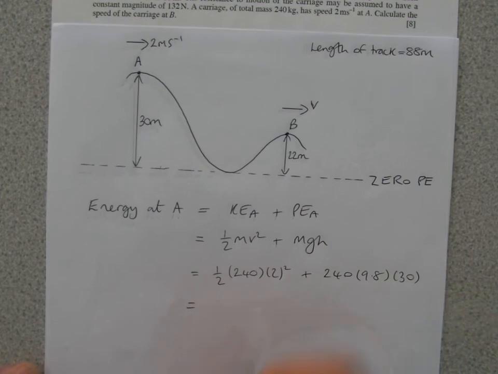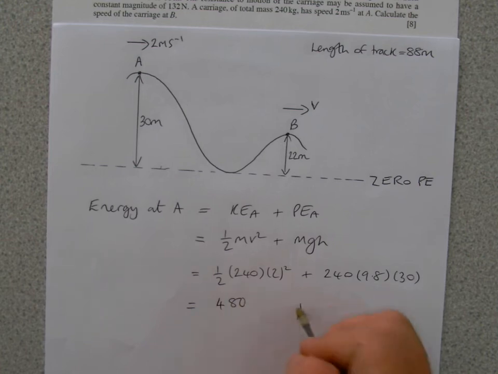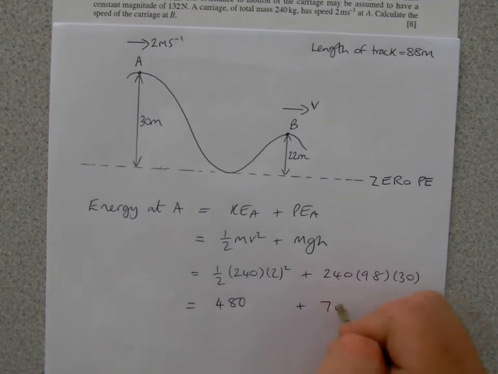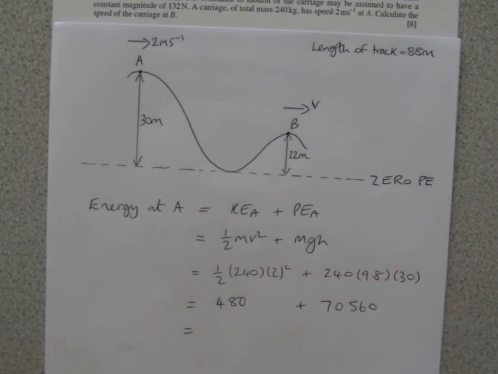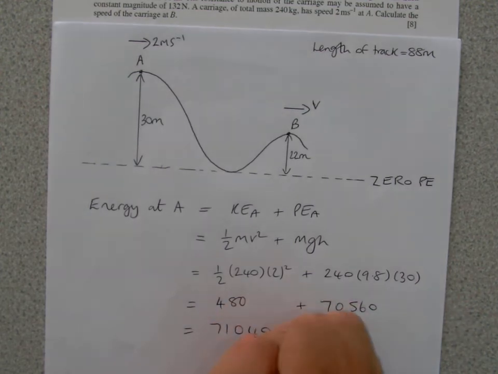Maybe I'll work these out individually. That's going to be 480, and then we've got 70,560. If I add them together, I get 71,040 joules, the energy at A.